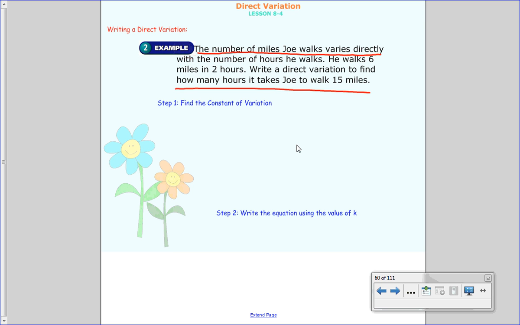So for y equals k times x, the constant is the number of miles per hour it takes him to go so many miles. So I just switched that so I know M is miles and H is x, or the hours. So I put in that information.